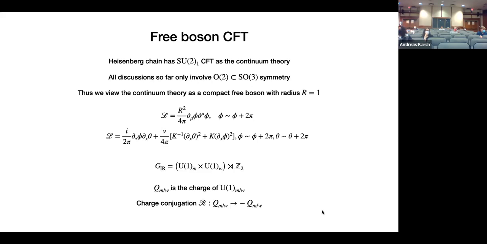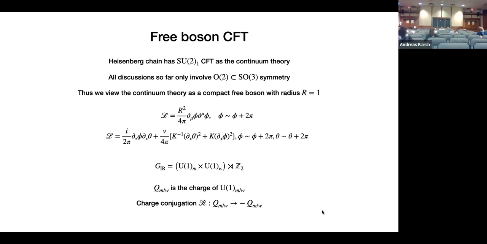The symmetries of this model are the following. You have two U(1) symmetries, one of them shifting phi, the other one shifting theta. It's more transparent in the phi-theta Lagrangian. One of them is called the momentum symmetry. This is string theory terminology, so obviously I just borrowed it.